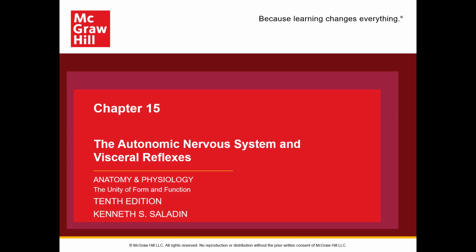But this one is your autonomic nervous system, your ANS. Is that clear? Yeah. This is really important. The last one here?